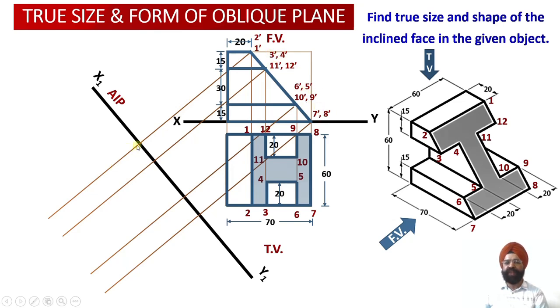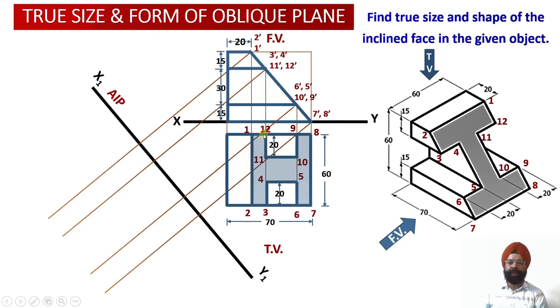Once we plot the corresponding points onto the auxiliary plan view, we are going to obtain the true shape of this shaded portion over here. So this shaded portion is the apparent shape of this inclined cut surface section of the solid, right?